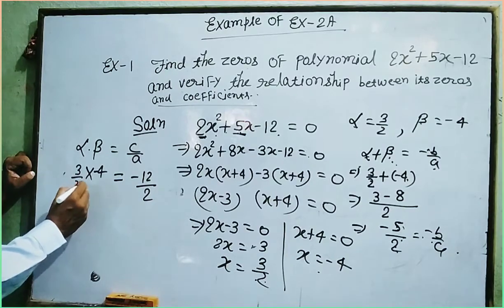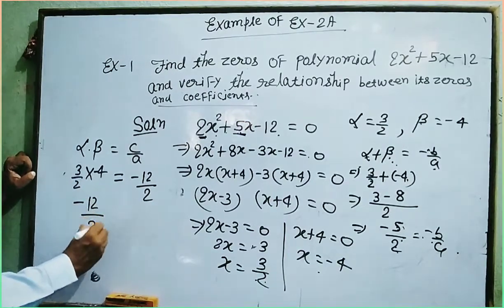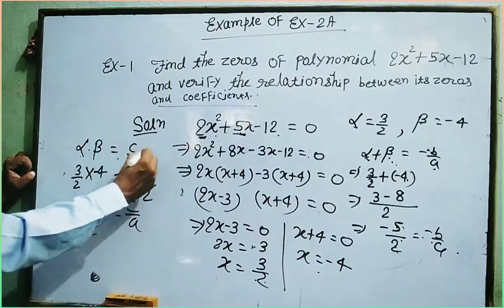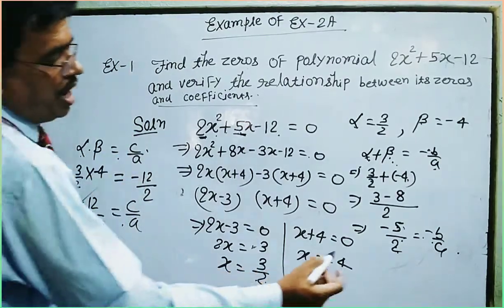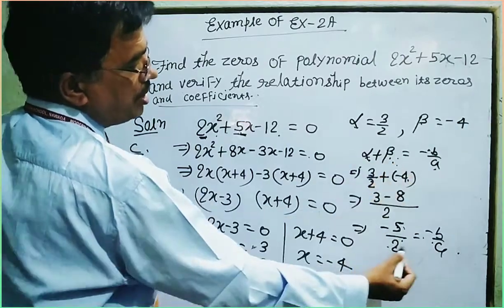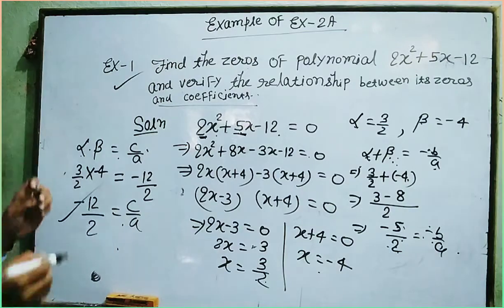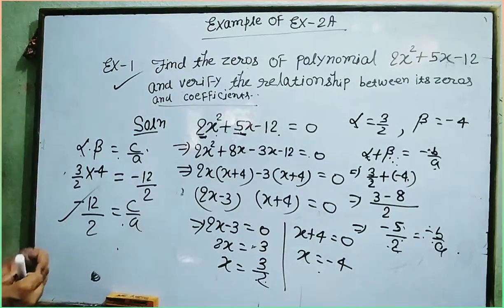So minus 12 by 2 is equal to c by a. So alpha into beta equals c by a satisfies the equation, and alpha plus beta is equal to minus b by a, both relations are satisfied. So in this question, first we find the zeros and then verify the relations.